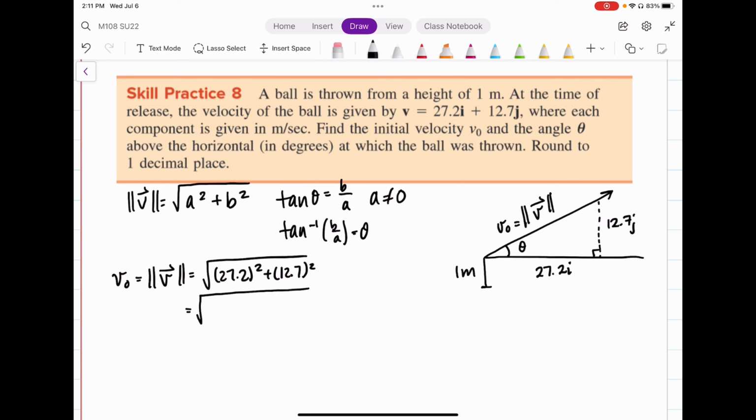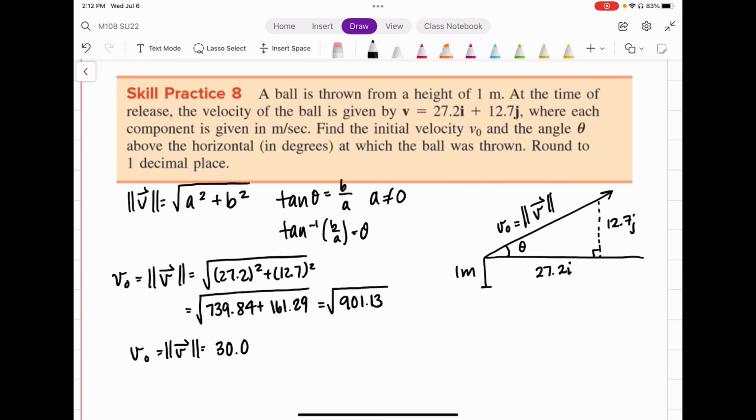That's the square root of 27.2 squared, which is 739.84, plus 12.7 squared, which is 161.29. That is the square root of 901.13. We then have an initial velocity or magnitude of the square root of 901.13, which is 30.02, which is 30.0 rounded to 1 decimal place.